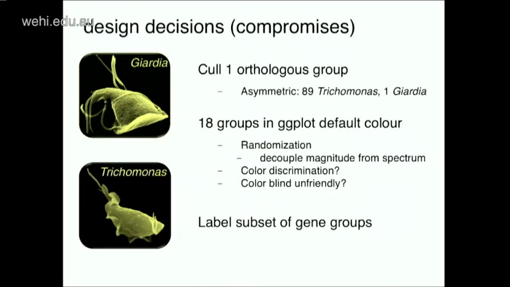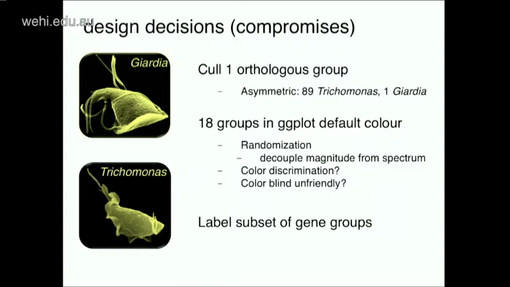So yeah, just to sum up with the design decisions, I was absolutely keen on trying to get all of the information into a single chart so readers could directly compare gene activation in these 2 species. But it meant that I had to cull one really big group of genes that was also highly asymmetrical.